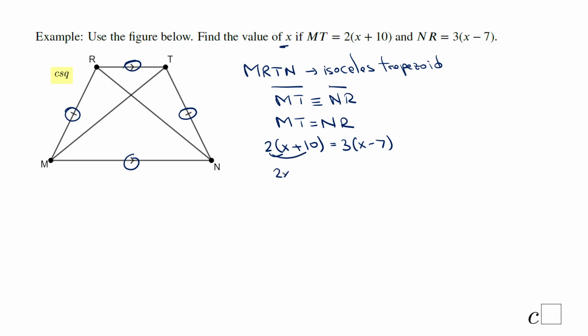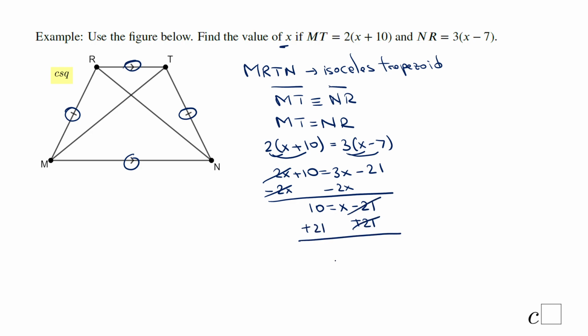So we have 2x plus 10 equals 3x minus 21. I will subtract 2x here, I think is better. Obviously you have to do the same thing on the other side of the equal. And we have 10 equals x minus 21, add 21.